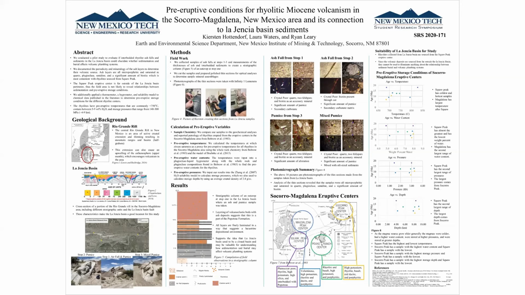Since we have a relatively good description of the geochemical data and also of what minerals are from each eruptive center, if we went out to a basin that was near the Magdalena Peak Center, which is one of the Socorro Magdalena eruptive centers, we would look for deposits that specifically match the description of the Magdalena Peak Center deposits. And so we could be positive that the volcanic deposits we were looking at correlated to what might be underneath the basin. Mm-hmm.